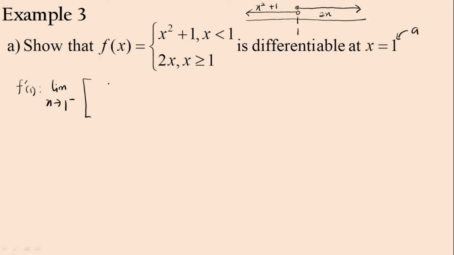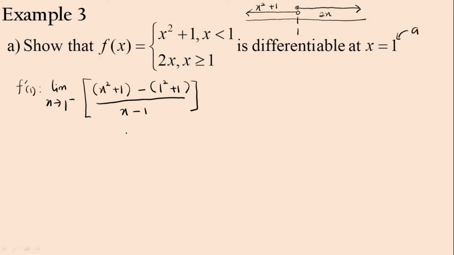So for 1 from left, based on the number line, our function would be x squared plus 1 minus f(a), which means we have to substitute the value of a into our function. So here we will get 1 squared plus 1, divided by x minus a, in this case x minus 1.